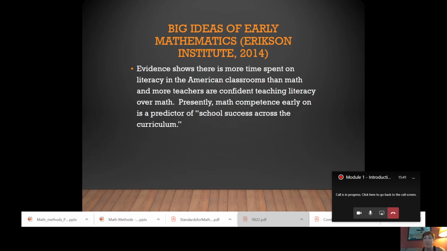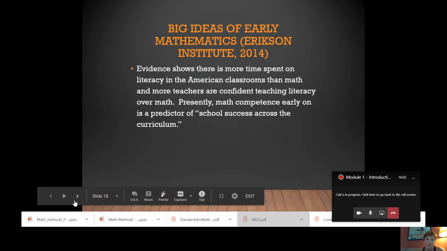They want math to be something that teachers are confident in teaching. So they've created these big ideas and what should be taught for early mathematics. I've also shared a document that I think you'll find helpful within Module 1.